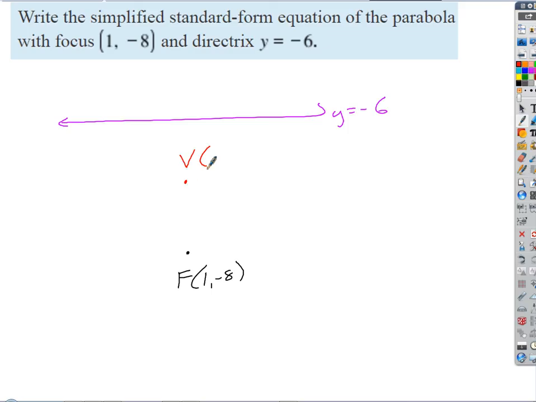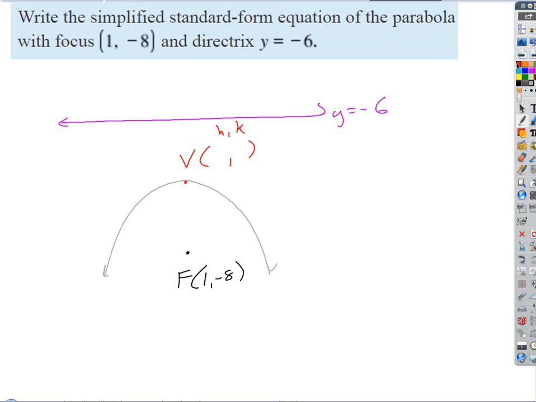So there's V. We're going to find its coordinates, which are h and k. In this case, the parabola is going to open down. And so we would anticipate that p, because the parabola is opening in the negative y direction, is going to be negative. And we'll see what the value is in a second.